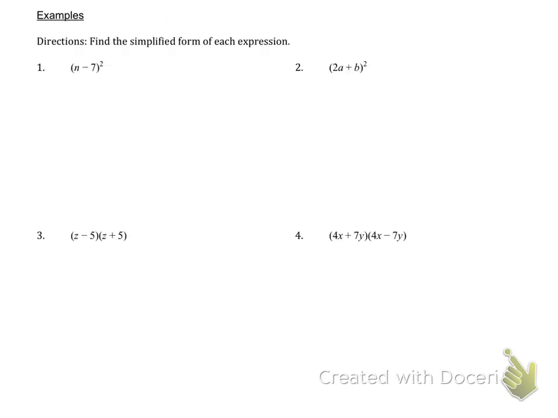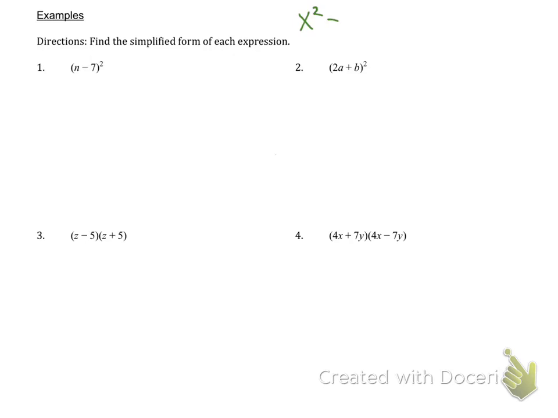Now let's talk about some examples of special cases of binomials. So looking at the first problem, the directions state find the simplified form of each expression. So for number 1, we have n minus 7 squared. First, let's talk about this. If I asked you, what does x squared mean?